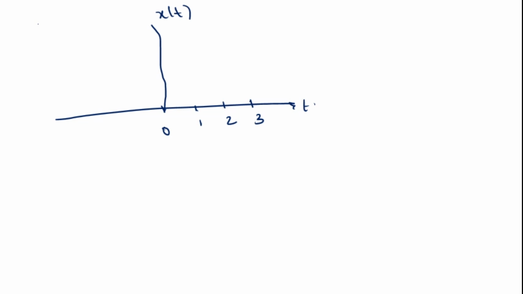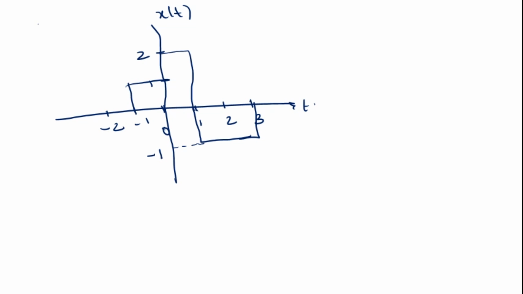The given signal is plotted with points 0, 1, 2, 3. x of t is 1 and 2, and minus 1, minus 2. This is 1 and here it is minus 1.